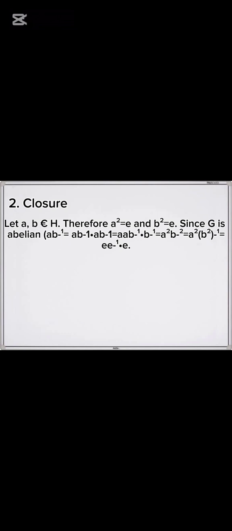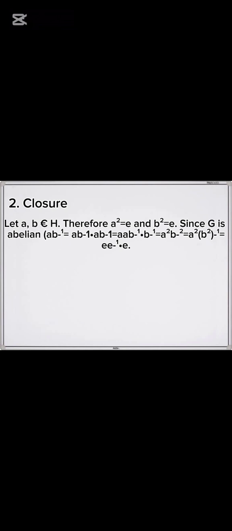So, that gives me a squared b to the power negative 2, which is equal to a squared times b squared inverse.